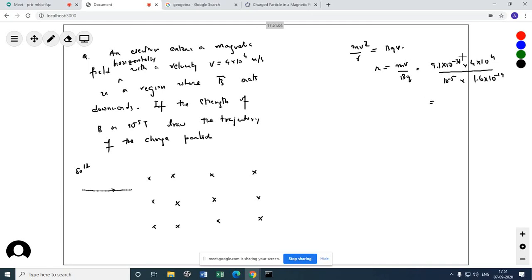So 9.1 into 4 into 10 to the power minus 31 into 10 to the power 19 into 10 to the power 5 plus 9, divided by 1.6.